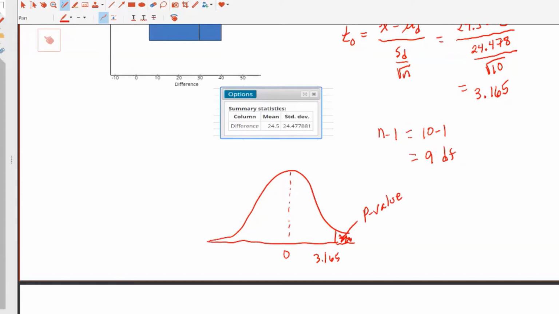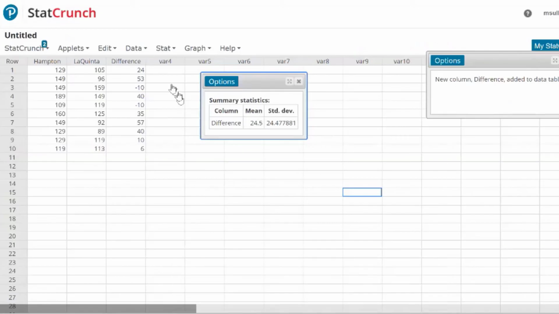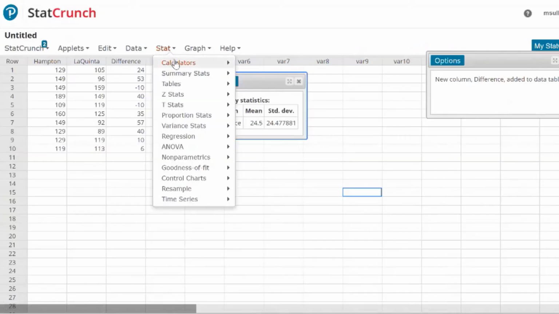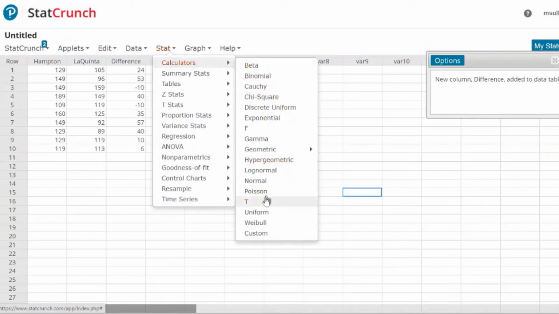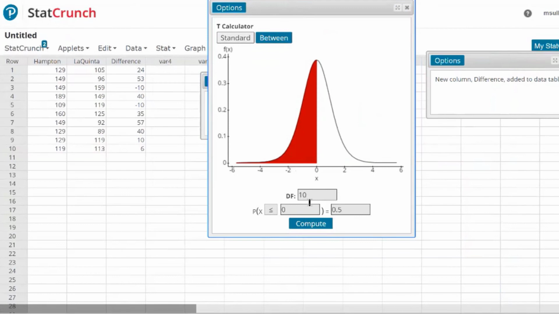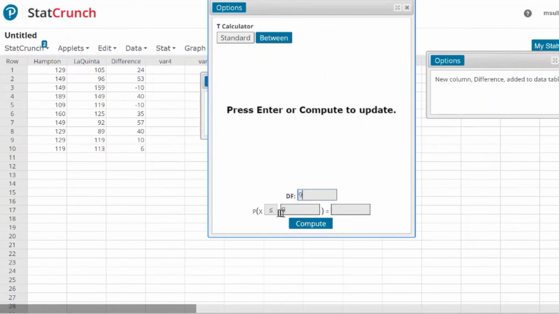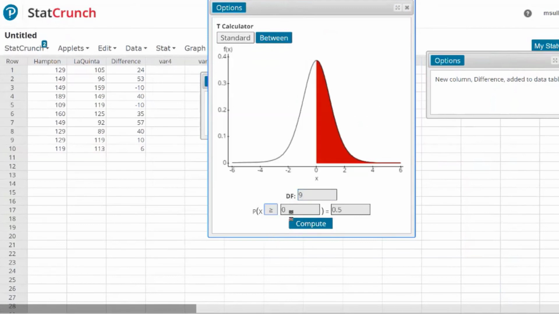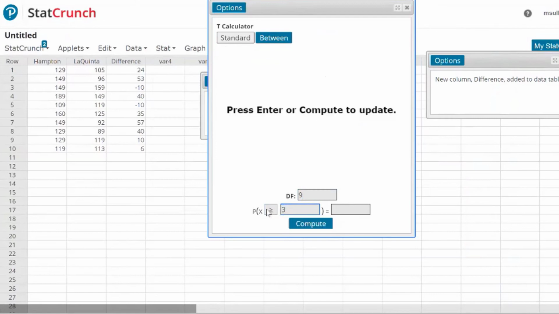We can find that area pretty simply by going to Stat, Calculators, T in StatCrunch. We had 9 degrees of freedom, and we wanted the area to the right of 3.165.